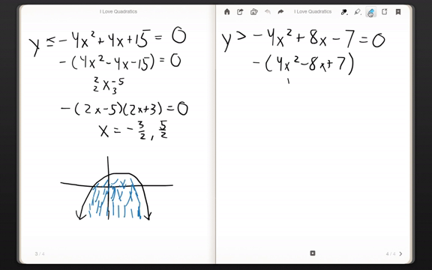Okay, so that's not going to work. 1 and 4 is not going to work. Let's try 2 and 2. Yeah, this is not working. And intentionally so, because this one is unfactorable. After a while, you'll realize that.